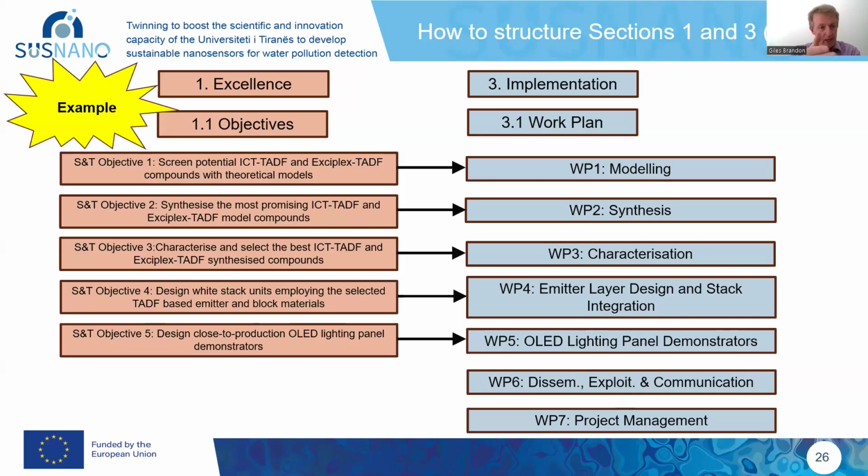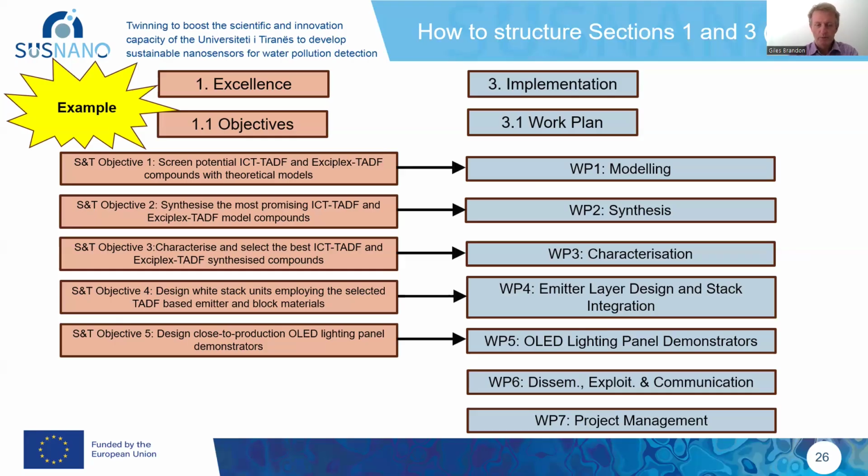You see, we had 5 scientific and technological objectives. These were the titles. And then on the right-hand side, you see the work package titles. So if you read the objective and the respective work package, you see there's a very close mapping. Scientific and technological objective 1 is basically about theoretical modeling.